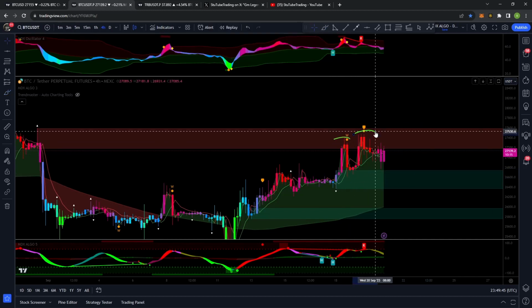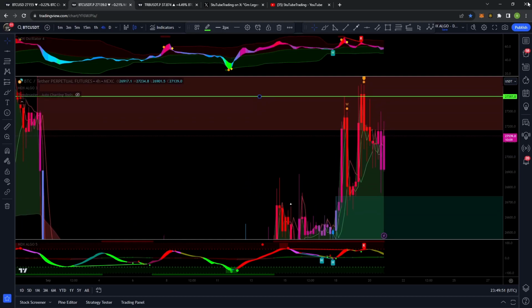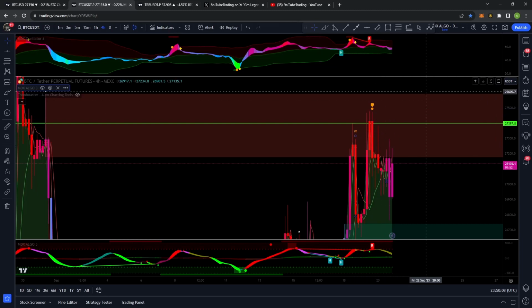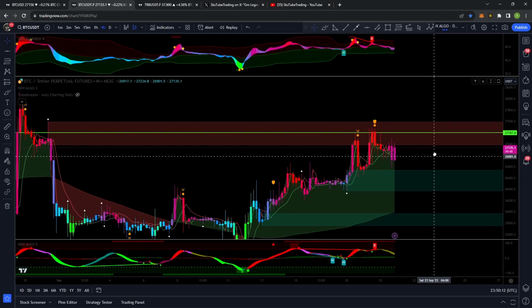But I don't know how much credit I want to give that, because technically we had these candles closing above, but this whole mess here was just a little bit ugly. It wasn't a clean close above. We got a wick above, and then we failed to close above that wick.